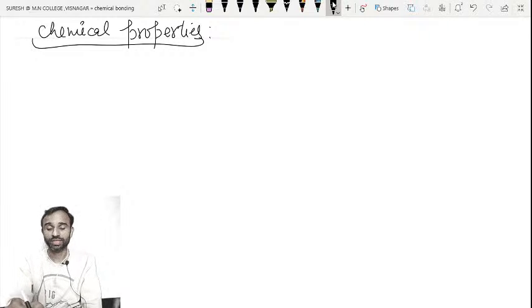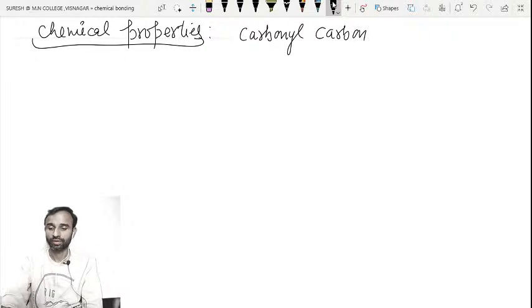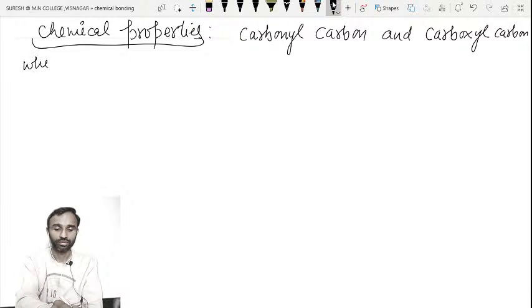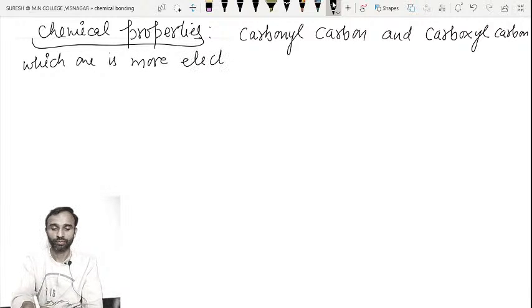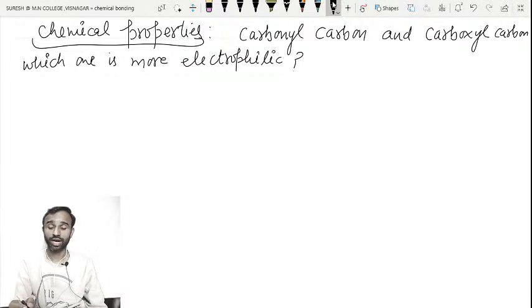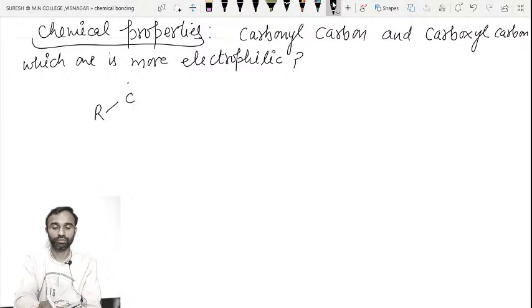So in chemical properties, first tell me, out of carbonyl carbon and carboxyl carbon, which one is more electrophilic? We have discussed it earlier.